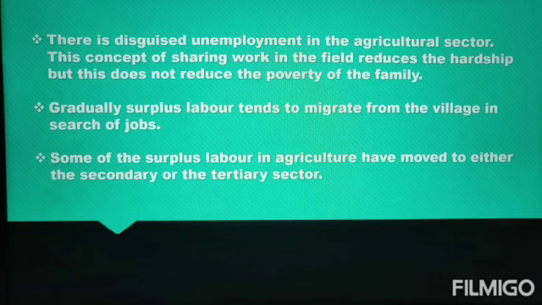But the dependence of people on agriculture has reduced to a certain extent in the past few years, because people have started migrating to cities and working in industries, that is the secondary sector, or taking up various service jobs, that is the tertiary sector.